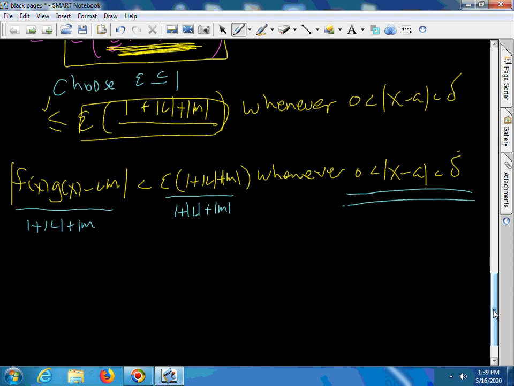That is, 1 over 1 plus L plus M, absolute value of M, times this, f of x g of x minus LM.